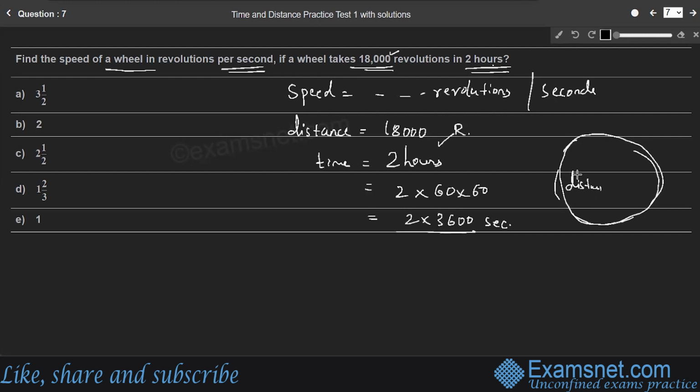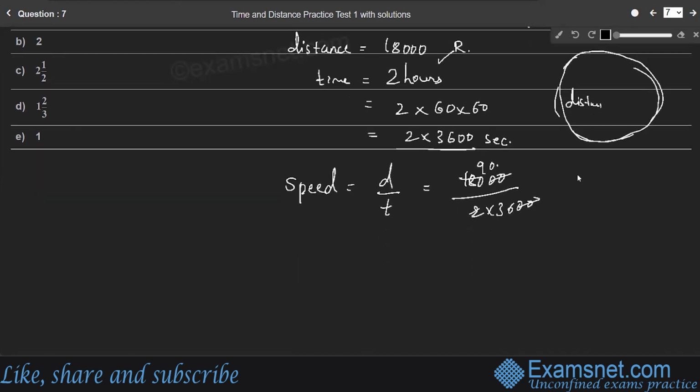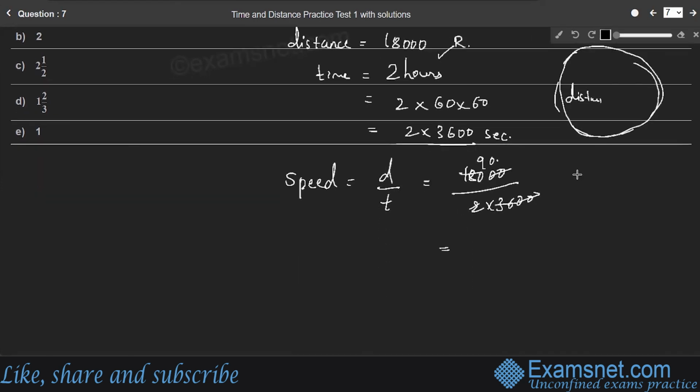So what is the speed then? Speed of the wheel is distance by time, right? Distance is 18,000 revolutions divided by time, which is 2 into 3,600. You can cancel 2 zeros here. So 2 into 90 is 180, so we get 90 by 36. So 18 into 2, 18 into 5.